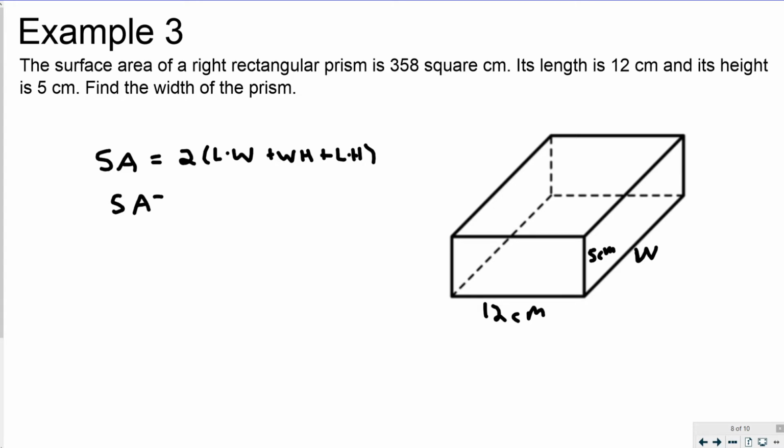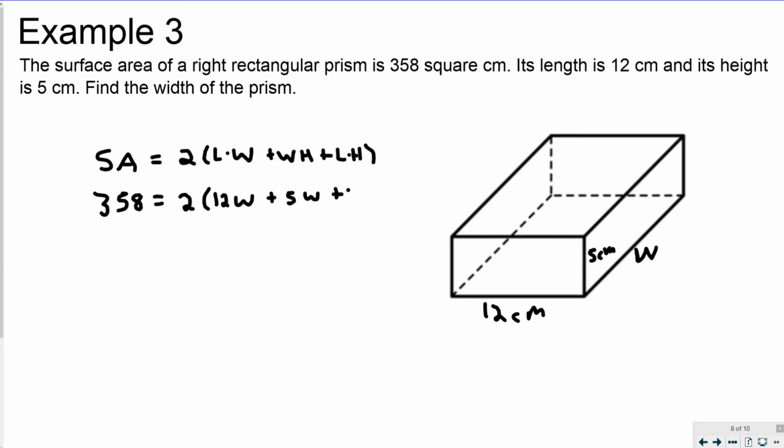So the surface area is equal to 2 times, and we know the surface area. The surface area here is 358, so we're going to substitute that in. It's equal to 2 times the length of 12, W, since we don't know the value of the width. The height is 5, so it would be 5W, plus the length times the height.